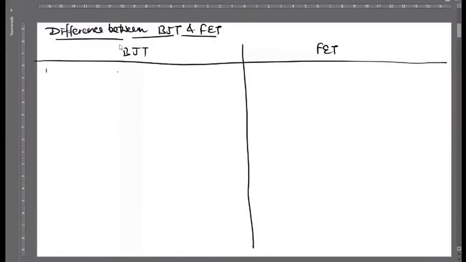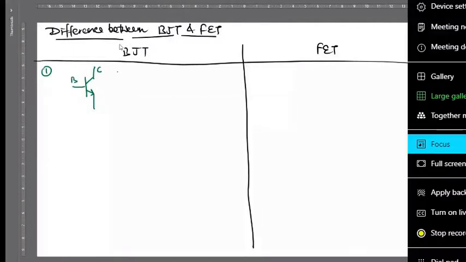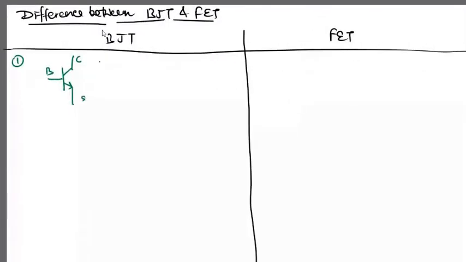So the first difference is the symbol. Okay, collector, base, emitter. This is NPN, and this is collector, base, emitter. This is PNP. And the symbol for FET is something different.